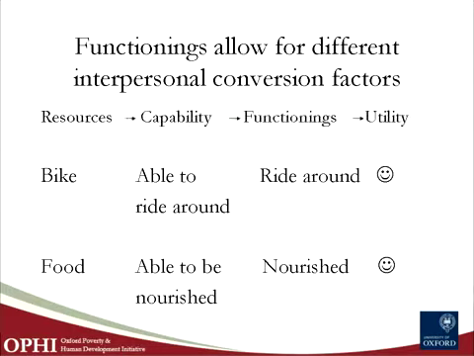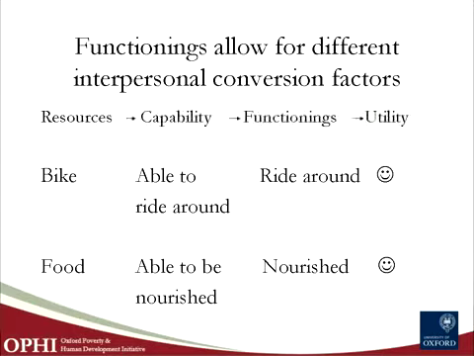The hope is that a bicycle will give us the capability to move around, right? So if I measure bicycle, what's in my mind is the bicycle is a proxy for mobility, perhaps. And the functioning is that we would indeed ride around. And then if we're interested in utility, riding around would make us happy, right?